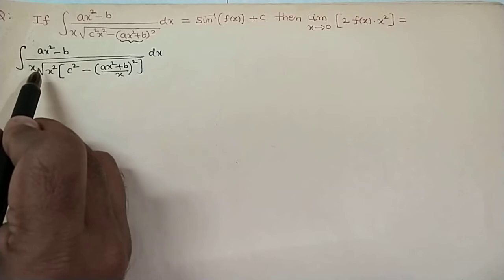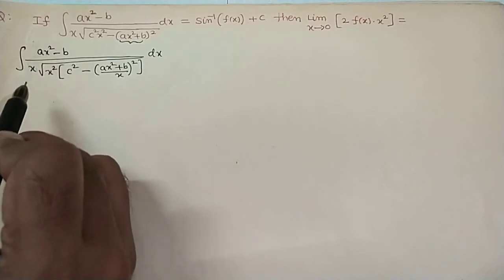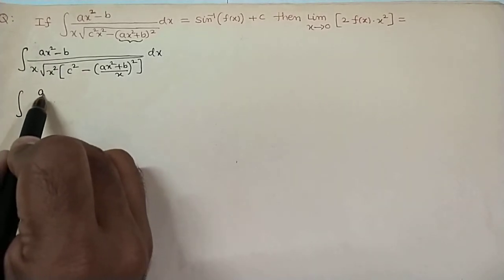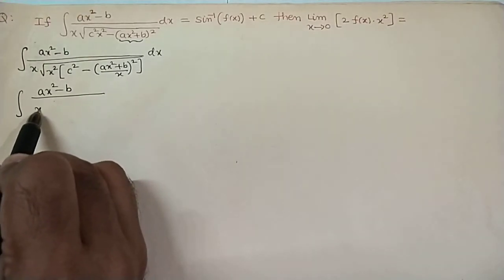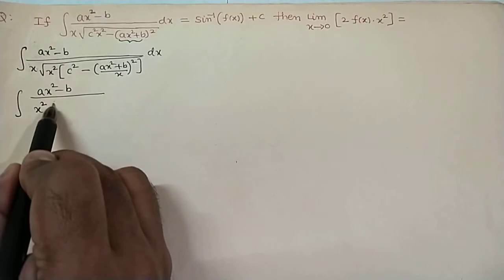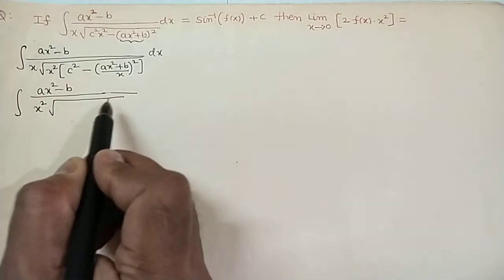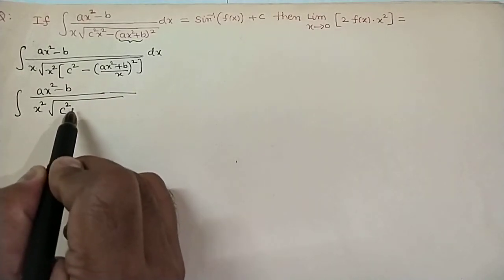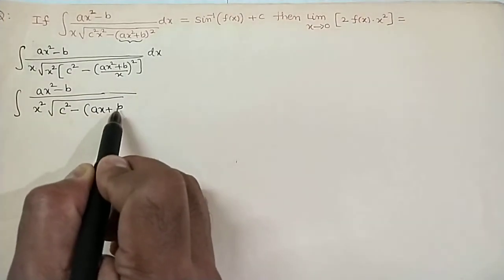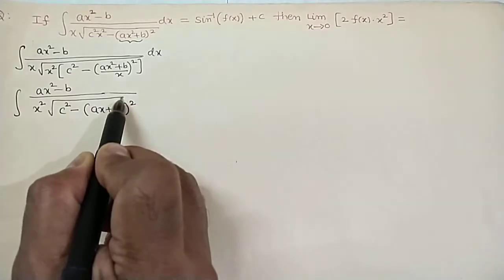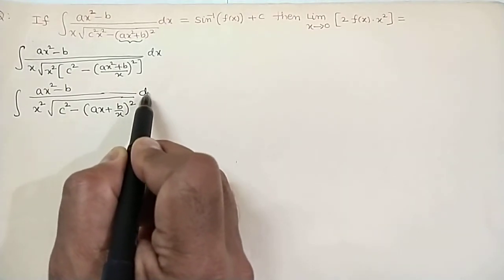So now x square can be taken outside of the square root, it will become x. So (ax square minus b) divided by x square into square root of c square minus (ax plus b by x) whole square into dx.